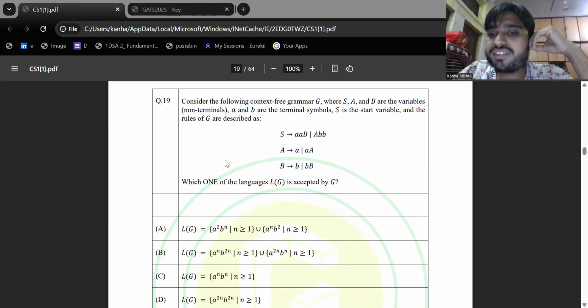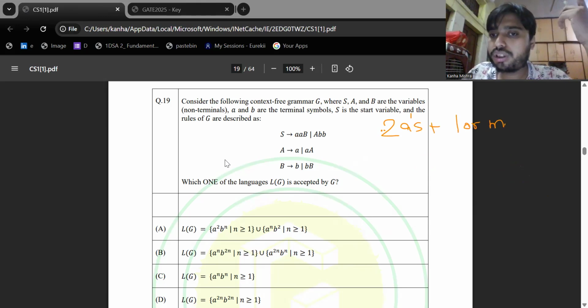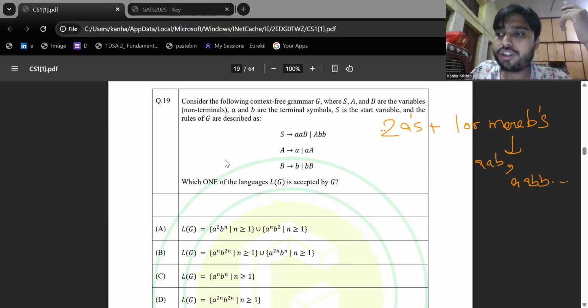So this part gives us the fact that it is a single a plus one or more b's. This implies that abb, abbb, like this, dot dot dot. So we can keep continuing because it is one or more than one b's.